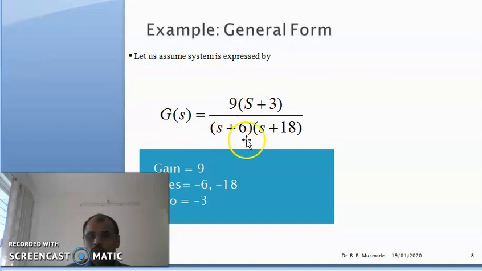Similarly, if you put any pole location as the s value, in this case either -6 or -18, then the transfer function becomes infinity or unbounded. So it means that the term is a pole, and the significance of a pole is the value having infinity value, or the pole with infinity height.